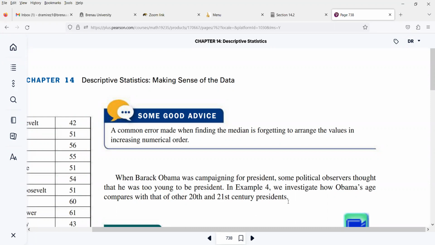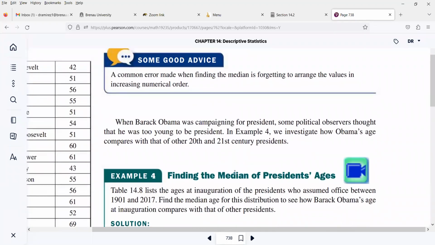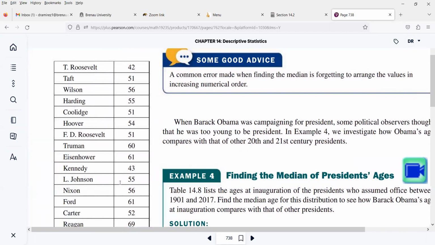In example 4, we investigate how Obama's age compares to that of other 20th and 21st century presidents. The table on the left lists the ages at inauguration of the presidents who assumed office between 1901 and 2017. Find the median age for this distribution to see how Barack Obama's age at inauguration compares with that of other presidents.